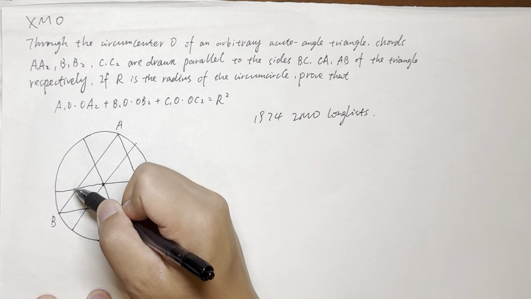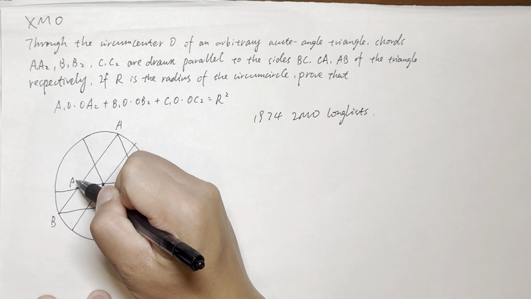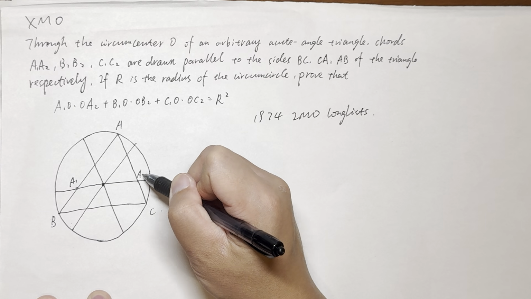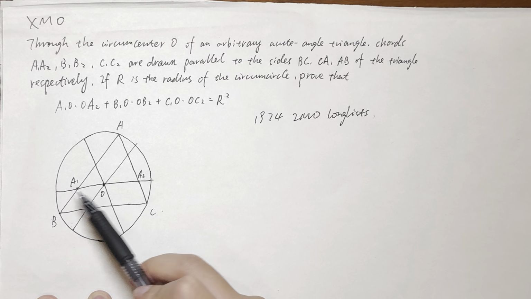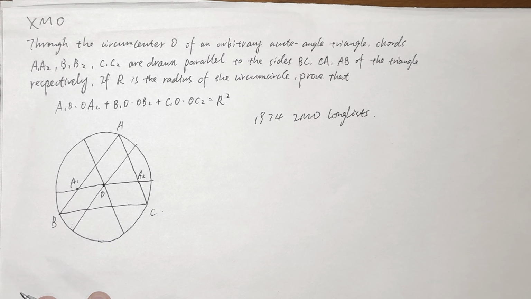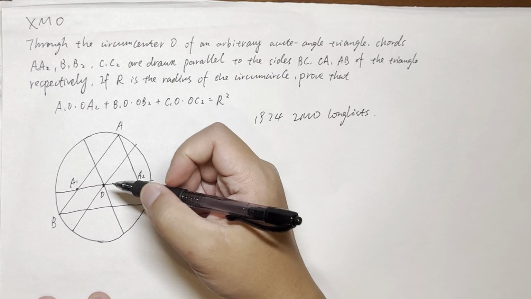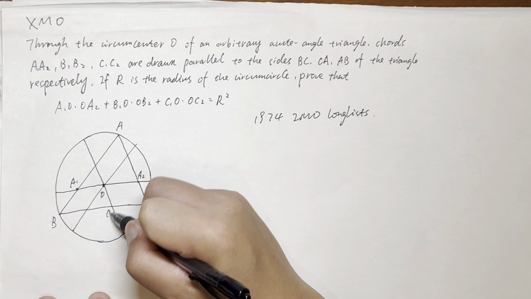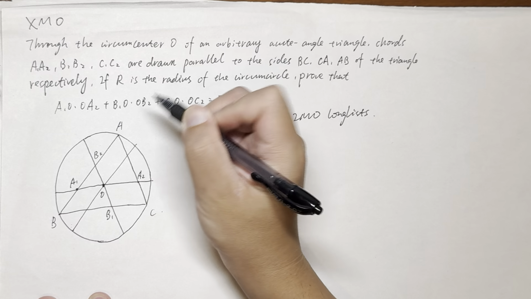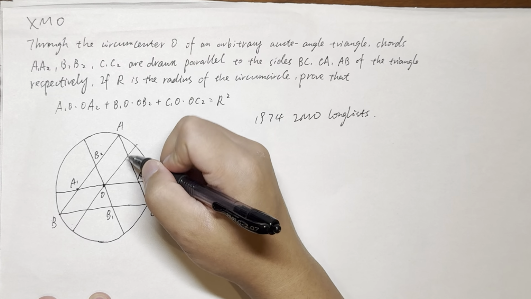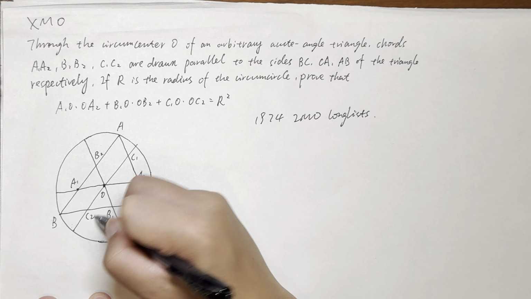And obviously we need to choose A1 to be here, A2 to be here. Otherwise OA1 times OA2 is already R squared. And B1, B2, right? C1, C2.